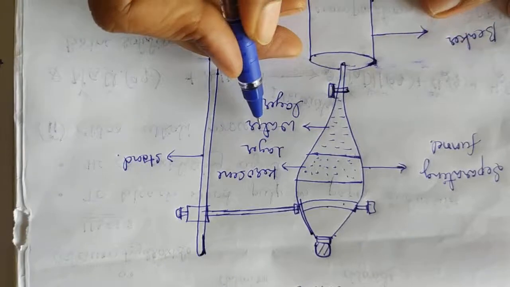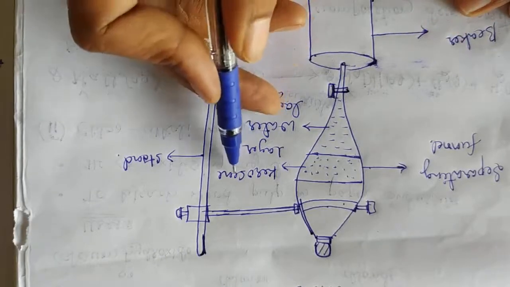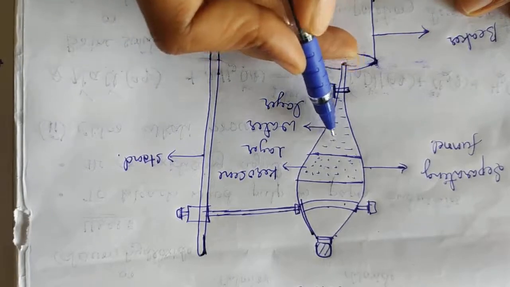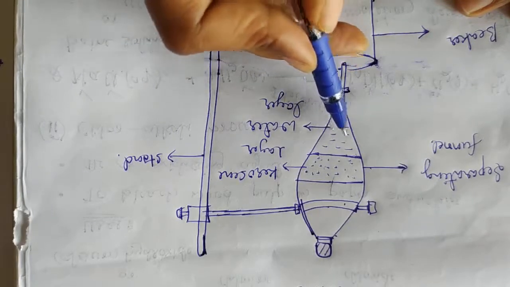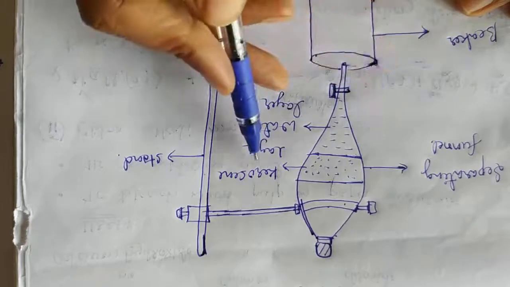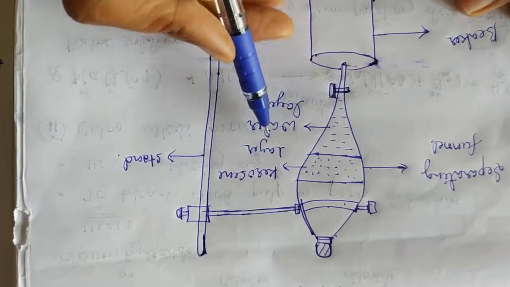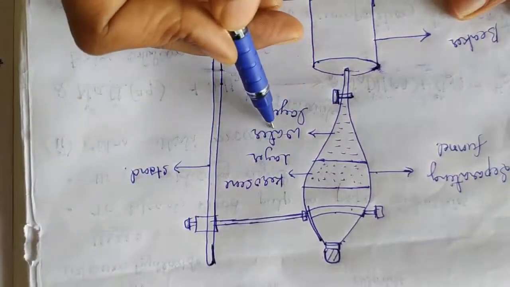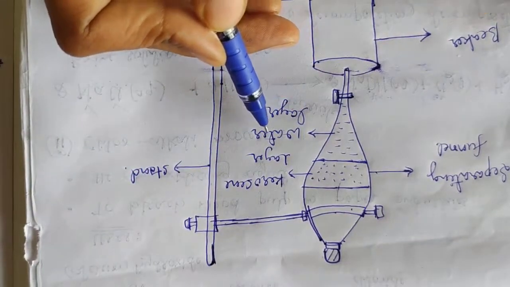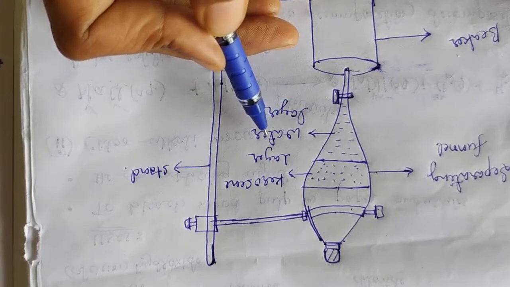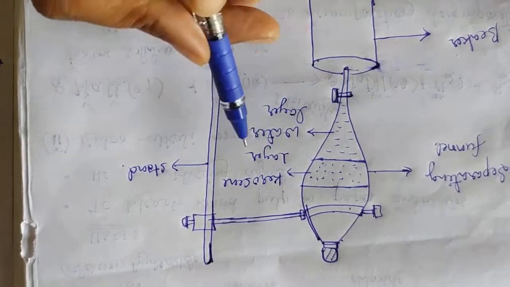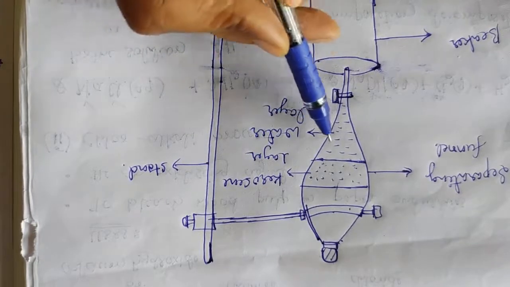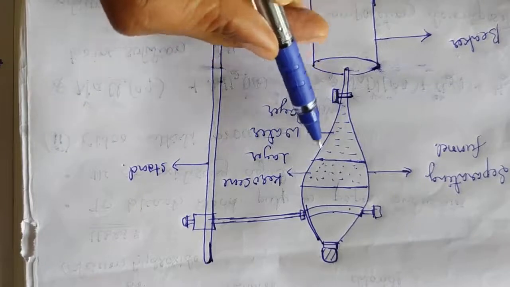Children, since the density of water is greater than kerosene oil, the water layer is collected at the bottom in the separating funnel, and the kerosene layer is collected above the water layer. So this separation of kerosene from water works on density. Due to the difference in densities, the water layer gets collected first, and above it the kerosene layer.